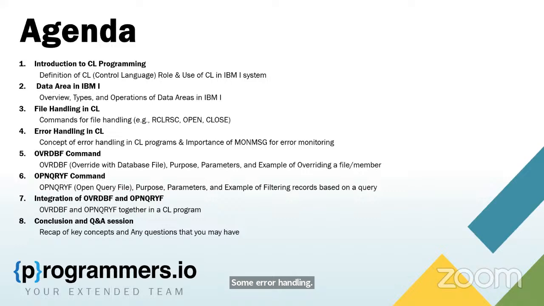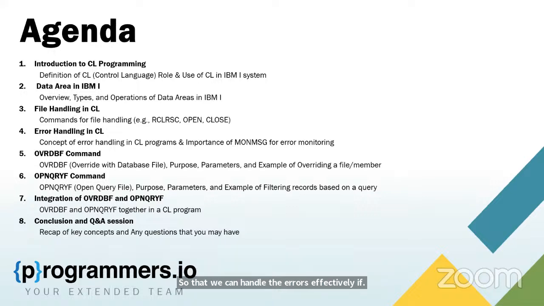We have to make sure the code is error free, or has minimum errors, and that everything is set up so that we can handle errors effectively if they occur.